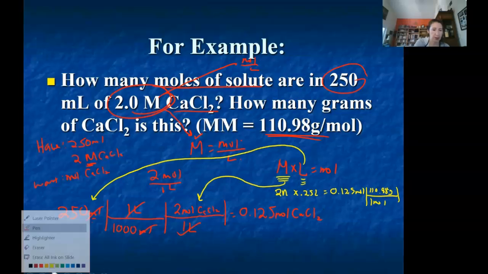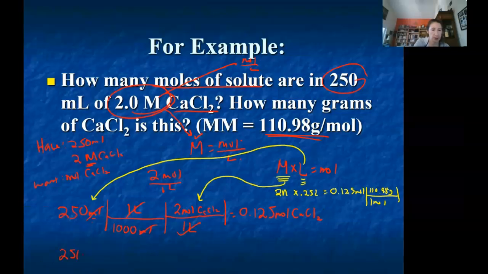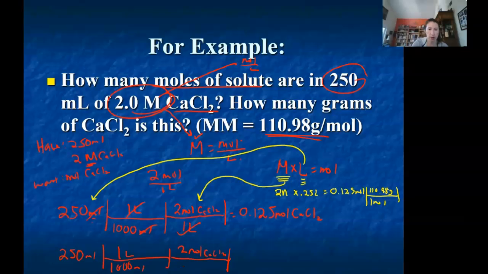I'm just going to rewrite this so you can see the whole thing. 250 milliliters, 1,000 milliliters is 1 liter, 2 moles CaCl2 per 1 liter, and in 1 mole is 110.98 grams of CaCl2. It's exactly the same. You're going to put the same thing in your calculator each time. It's just a different way of thinking about it.